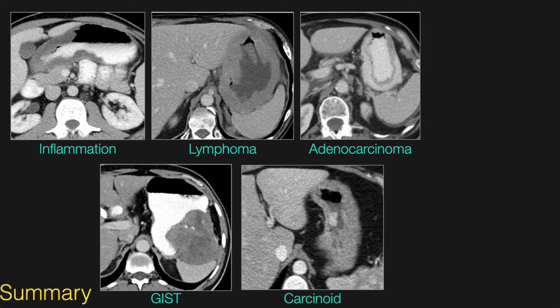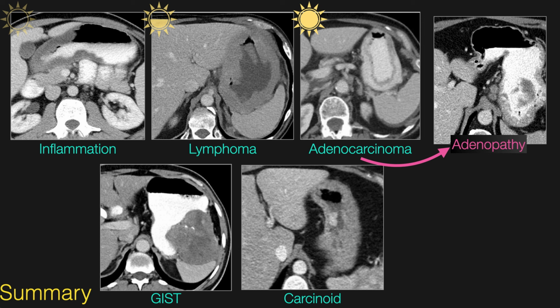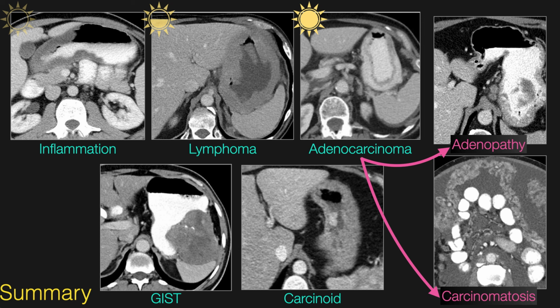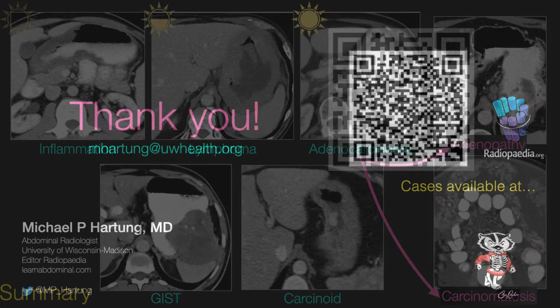And finally, remember that the density of the gastric wall thickness will help you differentiate inflammation, lymphoma, and infiltrative adenocarcinoma or linitis plastica. Cancer will usually leave clues such as gastrohepatic ligament adenopathy or carcinomatosis. Other important gastric tumor types to keep in mind include gastrointestinal stromal tumors and carcinoid tumors.